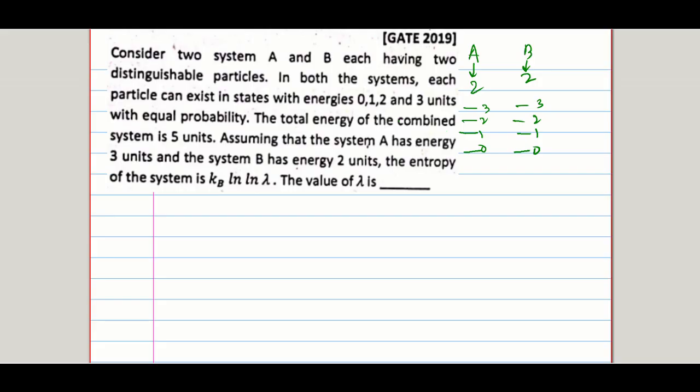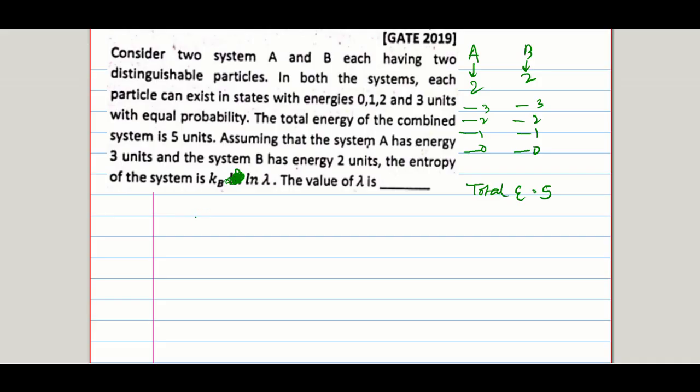The total energy of the combined system is 5 units. Assuming that system A has energy 3 units and B has 2 units, the entropy of the system is kB ln lambda. What is lambda?